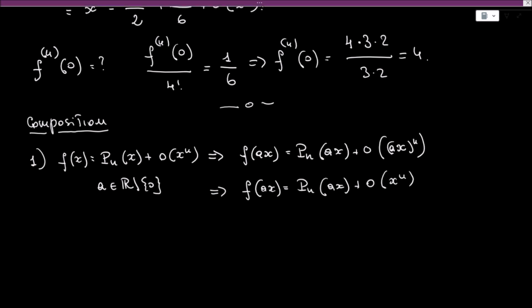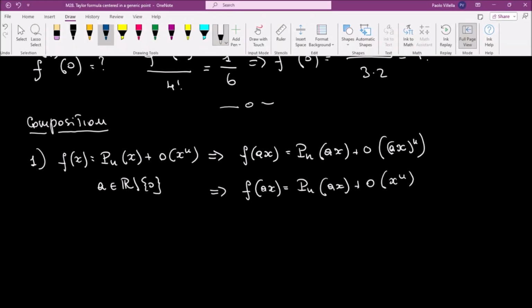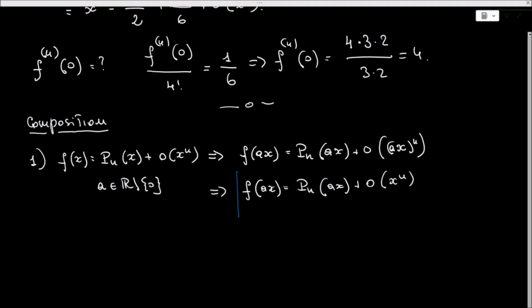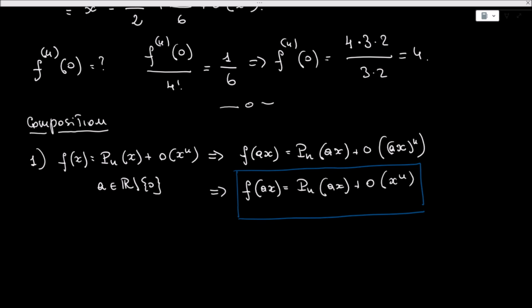So this is the expression we need to remember. And proving that little o of ax all raised to the n is just a little o of x to the n is very trivial. I will leave this as an exercise.